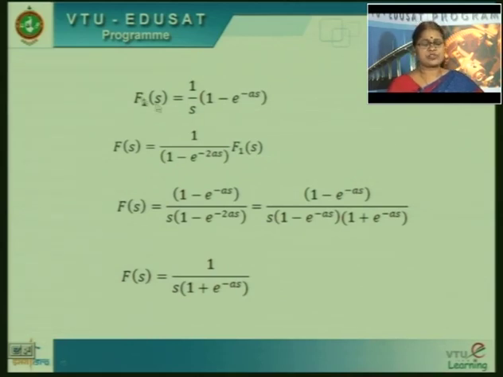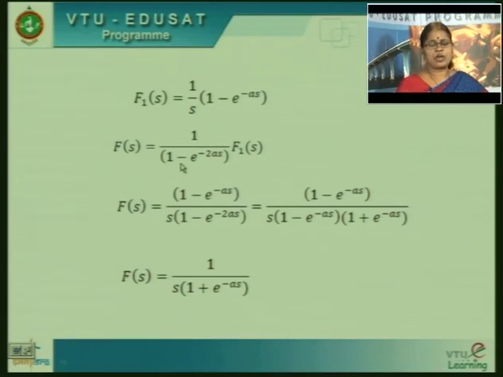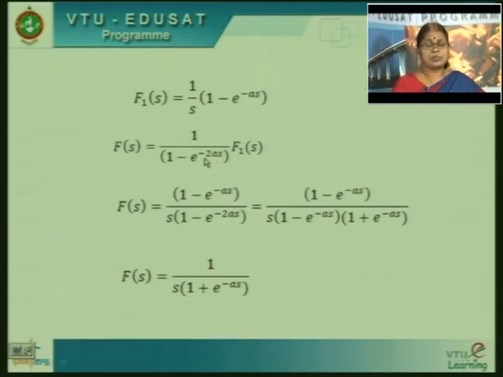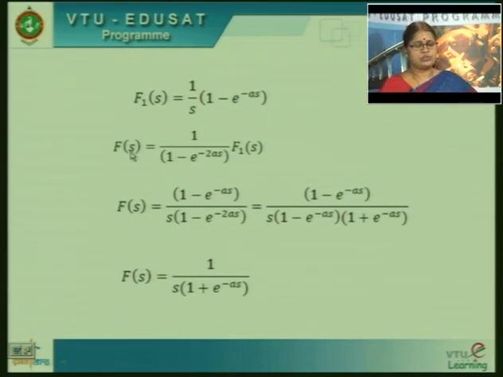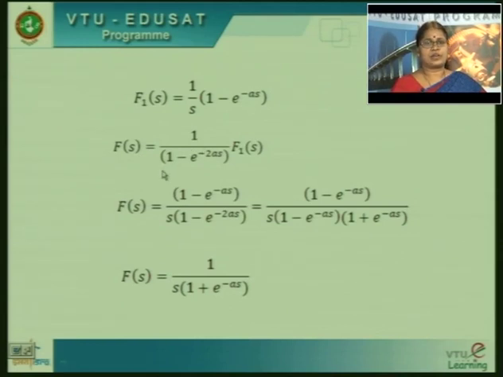Once you know the Laplace transform of the first cycle of the waveform, we can find the Laplace transform of the periodic function by multiplying the Laplace transform of the first cycle with the term 1 divided by 1 minus e power minus 2as. Listen here, it is minus 2as because the time period of this function is not a, it is 2a. So, f of s is 1 divided by 1 minus e power minus 2as into f1 of s.